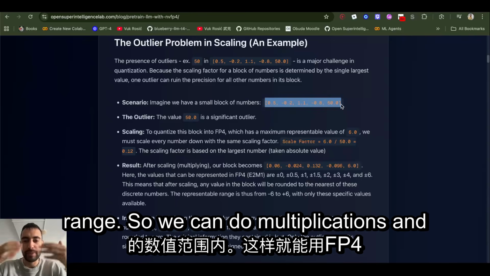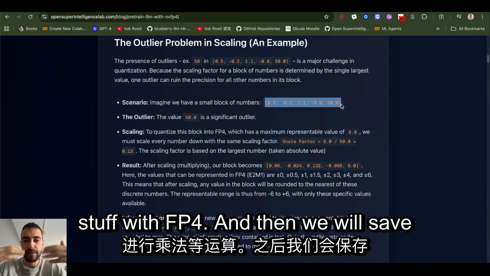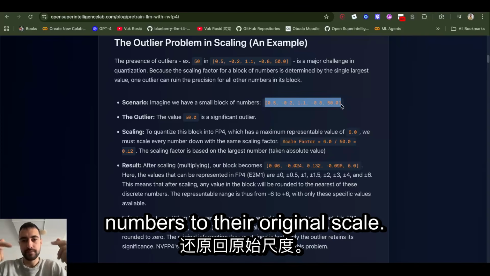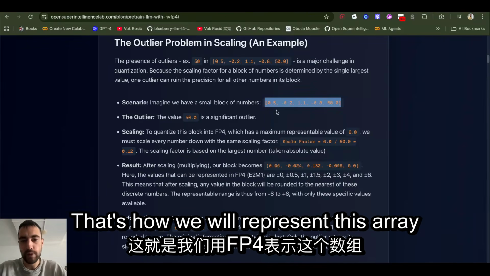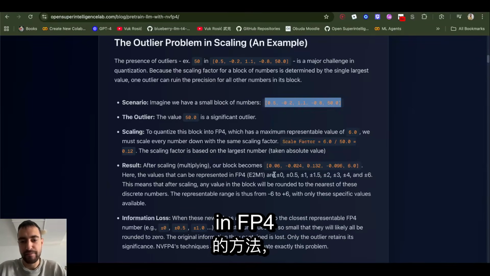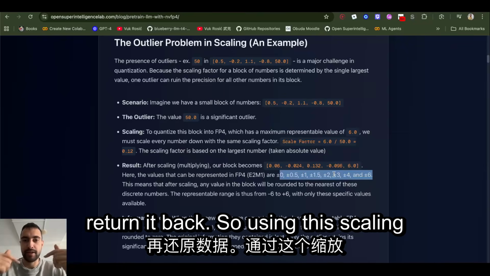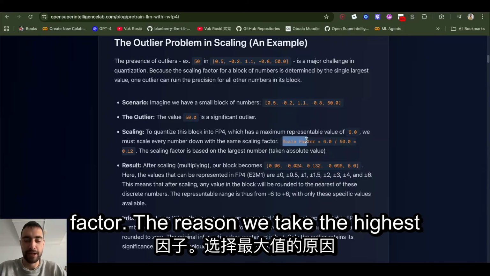So we can do multiplications and so on with FP4, and then we will save this scaling factor to later return the numbers to their original scale. That's how we will represent this array in FP4, then do multiplications, and then return it back using this scaling factor.